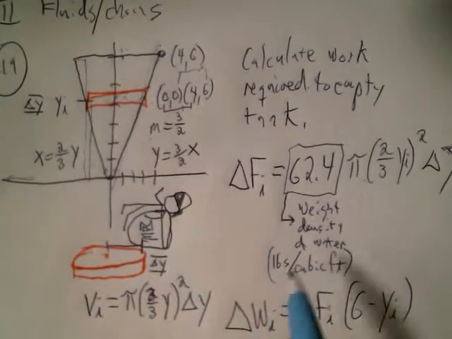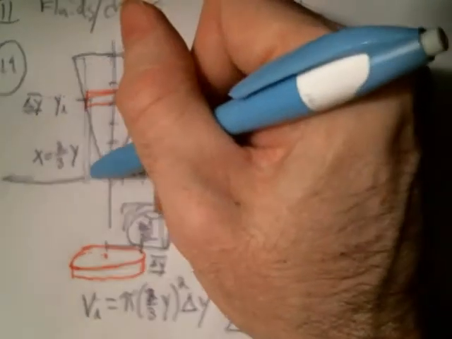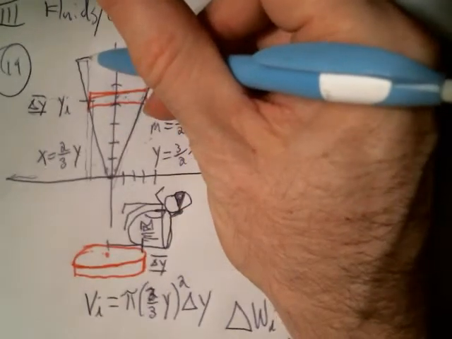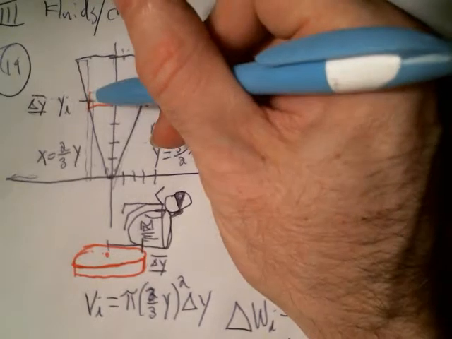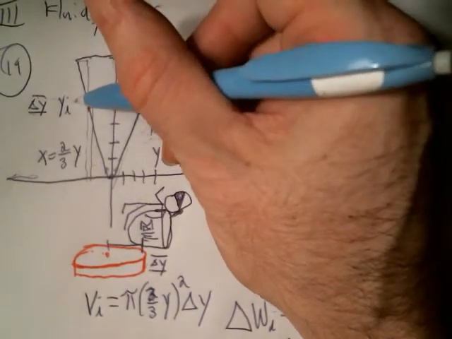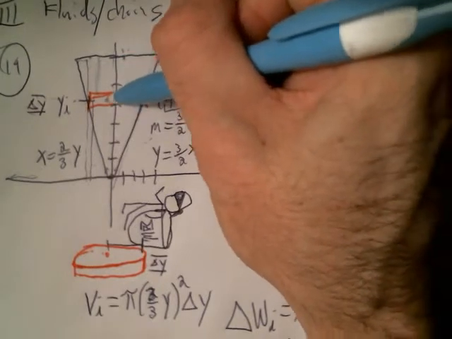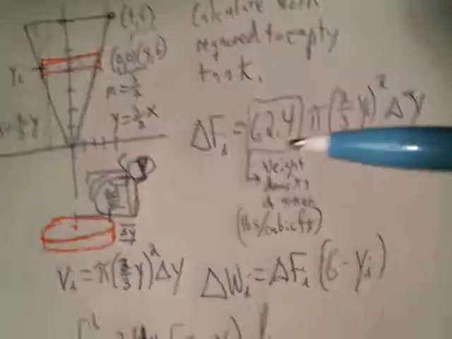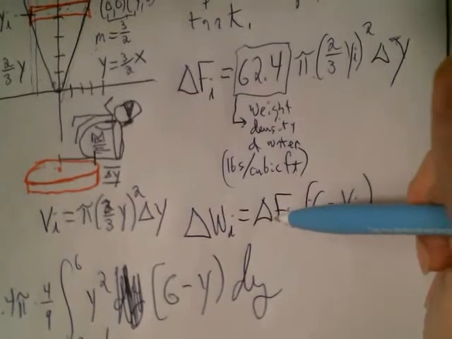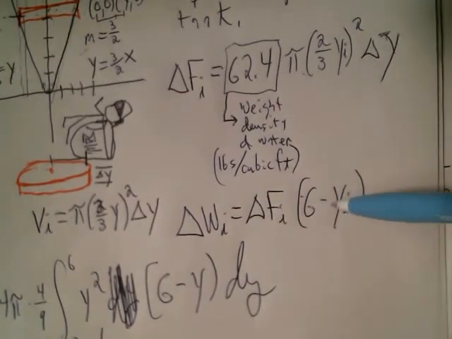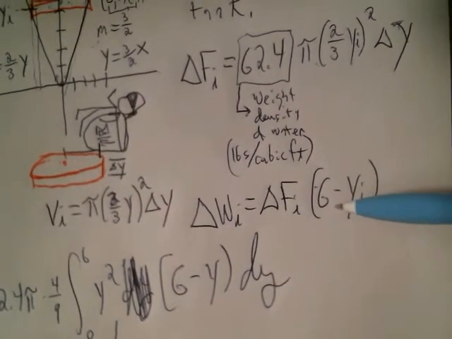The distance the disk actually moves is going to be this distance, which is 6 minus this distance here, which is given by y sub i. That will tell me the distance this disk needs to move. So it'll be the force increment times the distance for that particular cylinder.